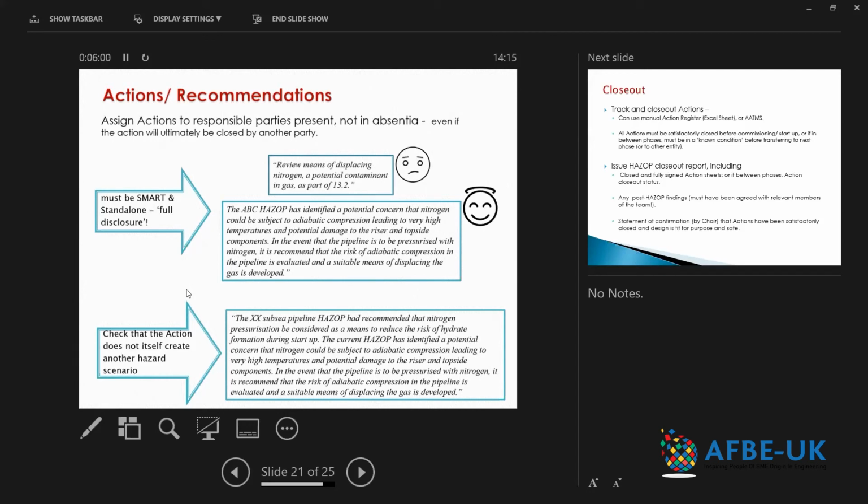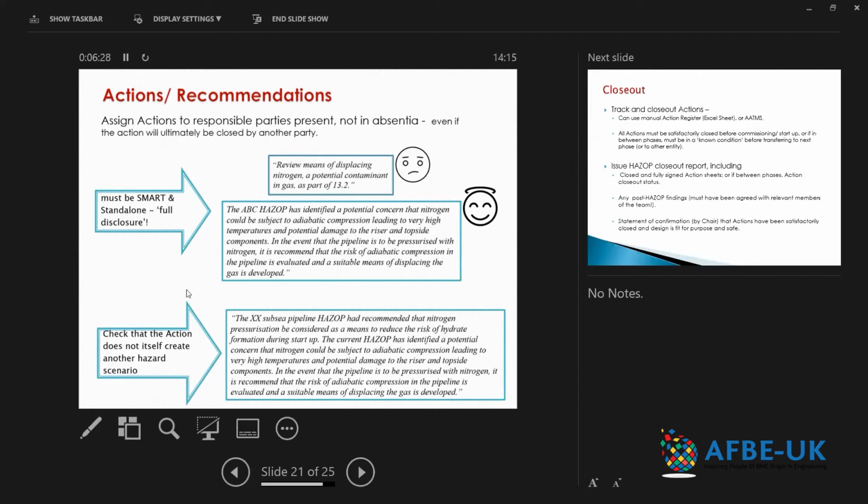You want to check during the HAZOP itself with the team to make sure that you're not introducing a different kind of hazard. More likely, it's usually a chemical reactive hazard that you might be introducing by making a certain recommendation. Those are the sorts of things you should really keep an eye on when recommendations are being made in a HAZOP.